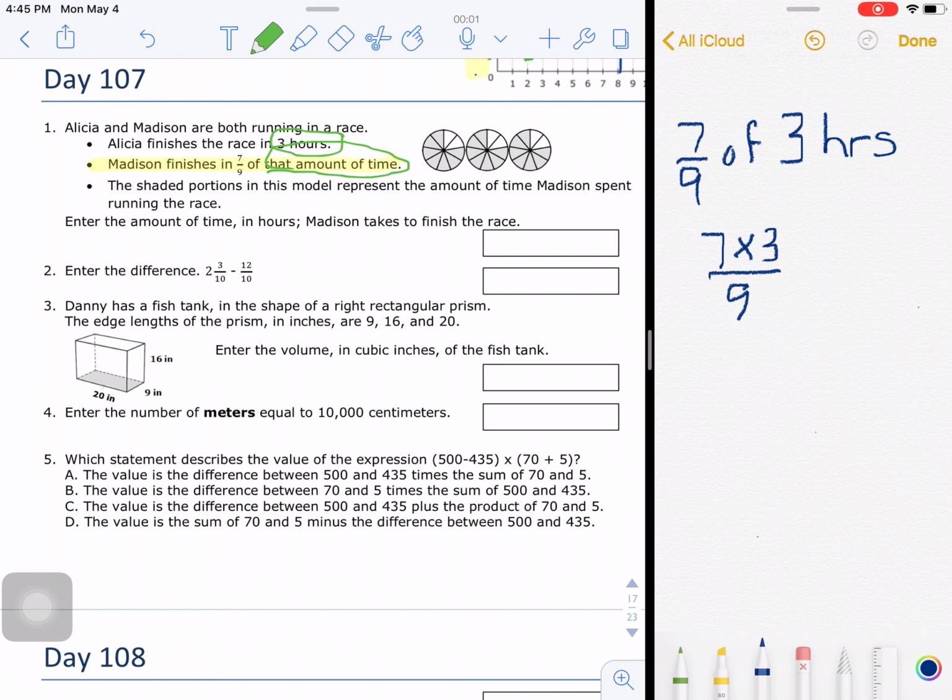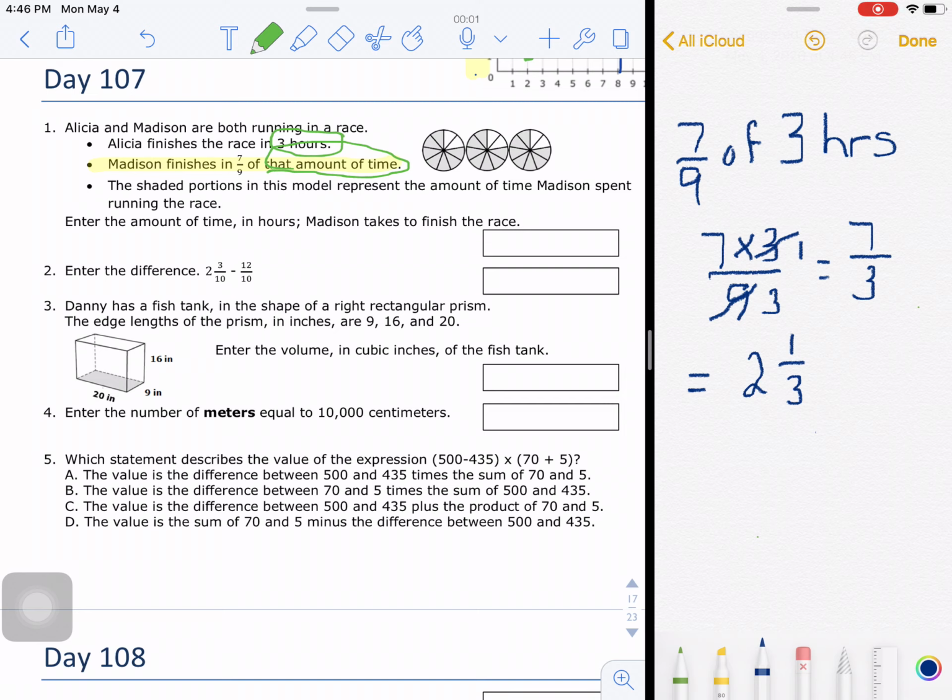I'm going to do some cross canceling because I know that 3 goes into 9 3 times, and 3 goes into 3 1 time. So that is equal to 7/3, which is equal to 2 1/3.